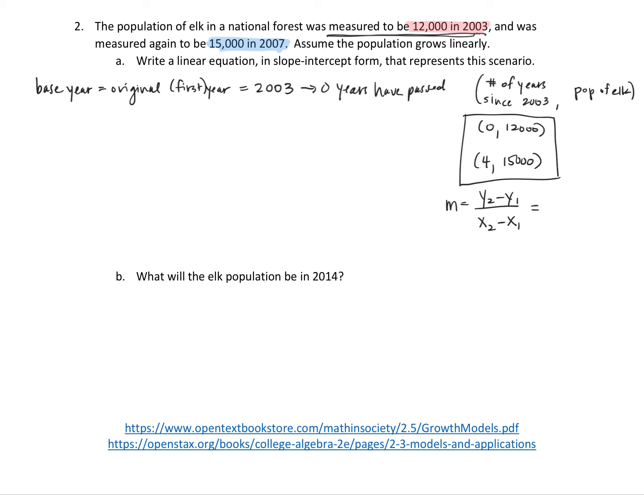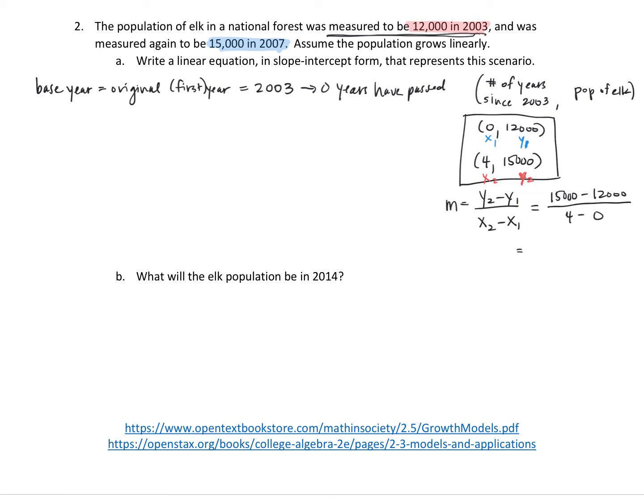I'm going to make the second point be my 2's, so this will be x2, y2, and the first one will be my 1's, and then I'm going to plug those in. So y2 is 15,000 minus y1 is 12,000, over x2 is 4 minus x1 is 0.